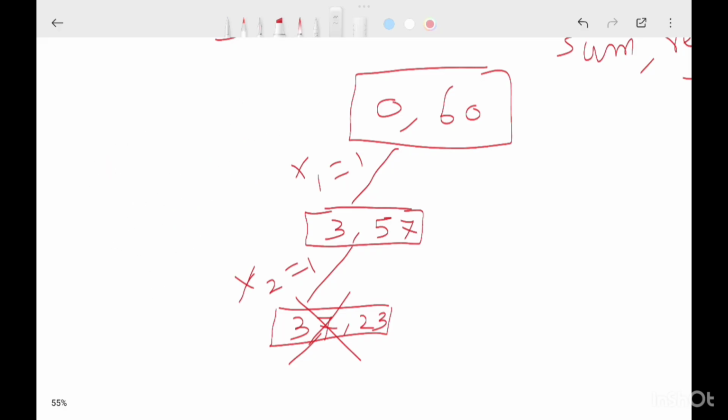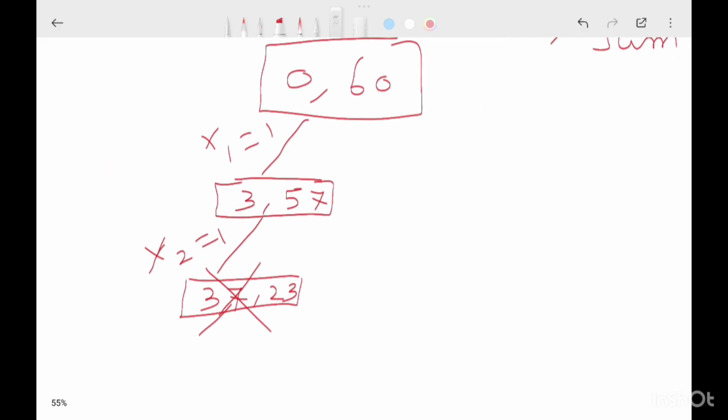So now I backtrack to the previous state, and from this I am going to explore some other possible states. That means x2 equal to 0, which means I am not going to include x2 now.